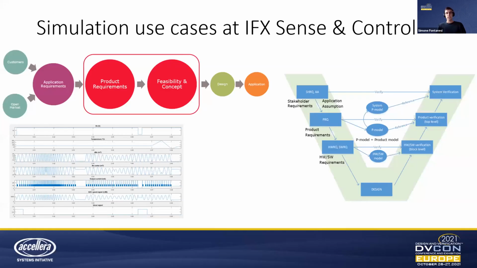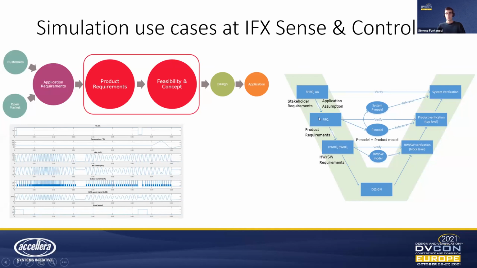So the department I work in is called Sense and Control, and is a subdivision of automotive. So what we develop is magnetic sensors for automotive application. And in particular, the group I'm working in, we are responsible to define the requirements for the next generation products. So on the V model that you see on the right, we are at this level.